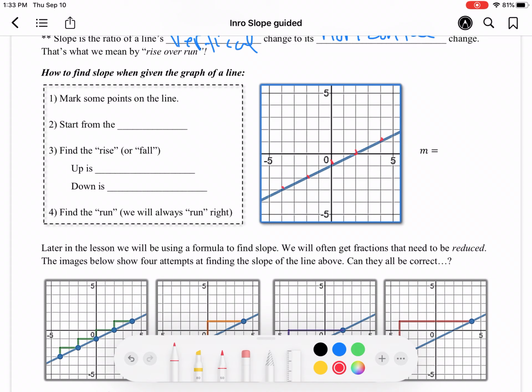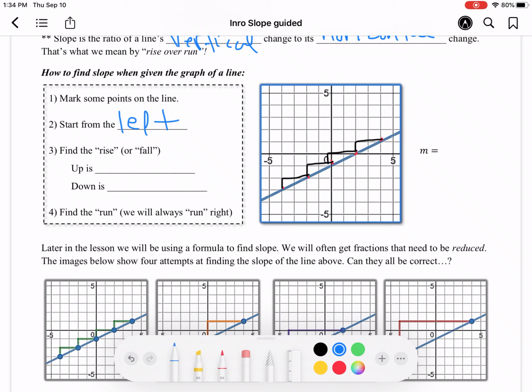So when we're talking about slope from a graph, what we would do next is create right triangles connecting our points. So we would go here to here, here to here, here to here, here to here. Okay, so now we've connected our points. Now that we've done that, we're going to start from the left.